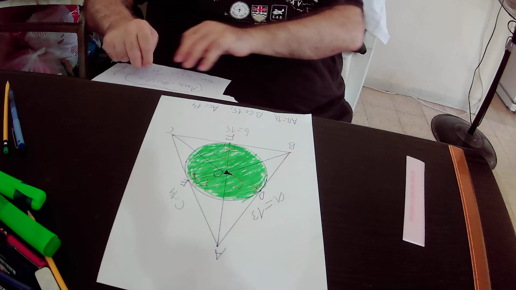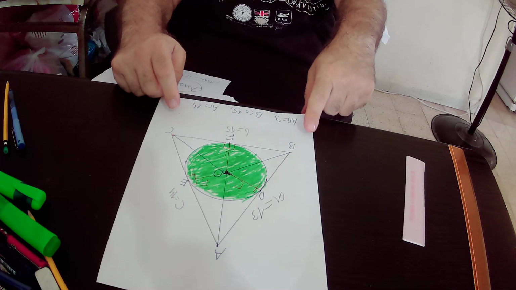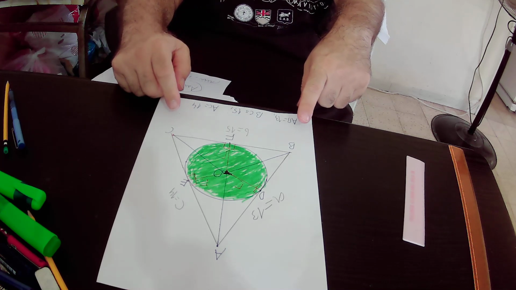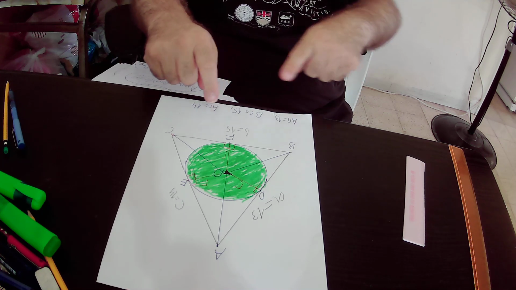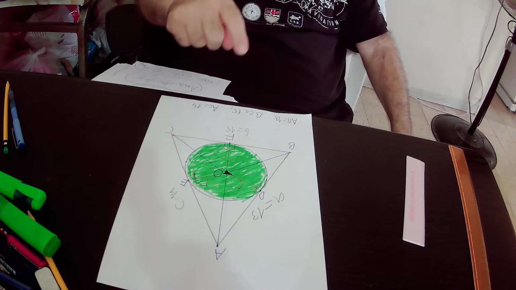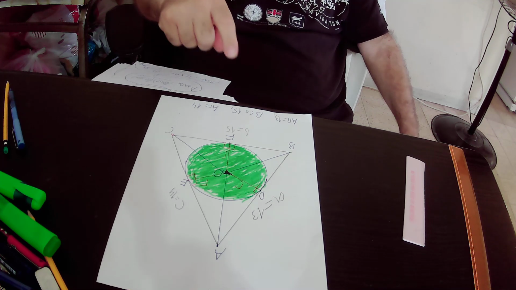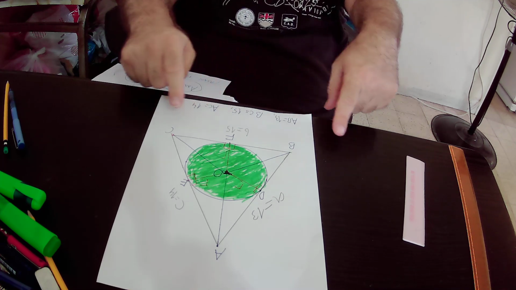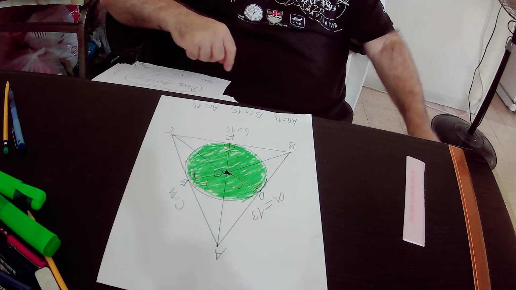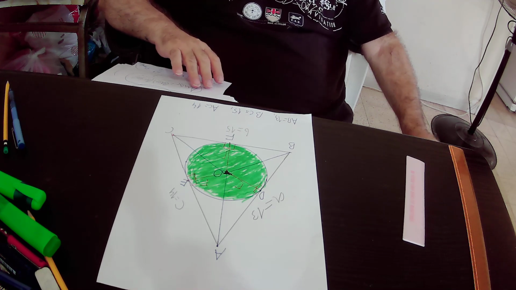And also side BC of triangle ABC is tangent to the circle at point F. That is to say, point F is the launch point, or the point of tangency, between the tangent BC and the green circle. Okay?